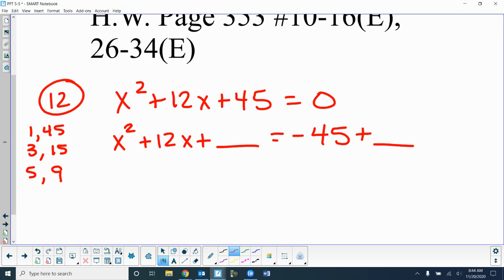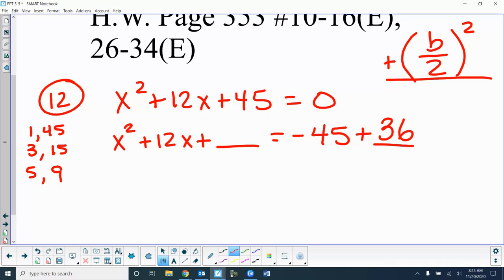How did she get that, John? 12 divided by 2 squared. It's the b value divided by 2 squared that goes in the blank. So 12 divided by 2 is 6. 6 squared is 36. We should all know that.